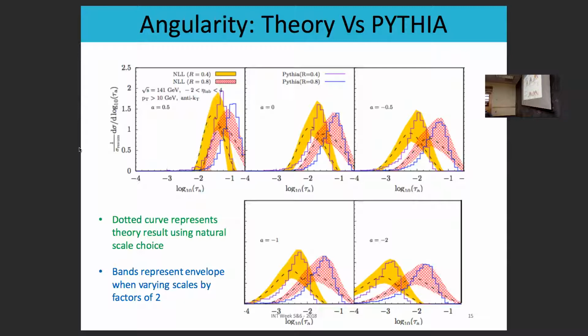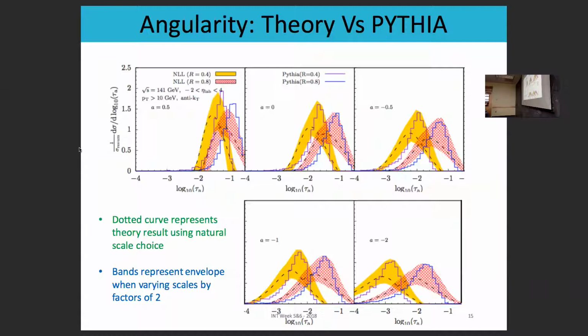What do you mean by theory versus PYTHIA? I don't quite understand what you mean by that. PYTHIA is not experiment, so it's theory. It's not theory either. It's the simulation that we're using to generate the events. So what's missing in that?